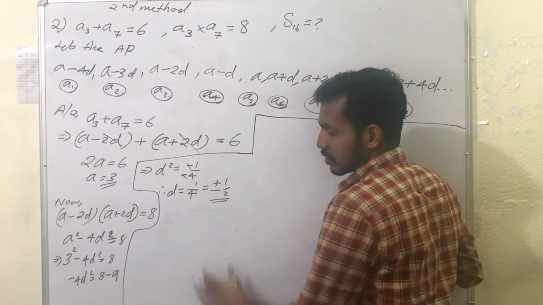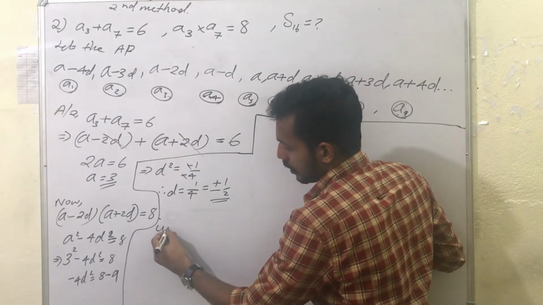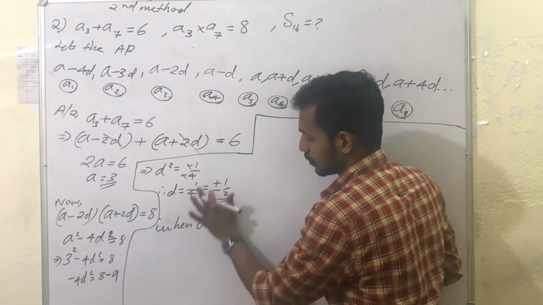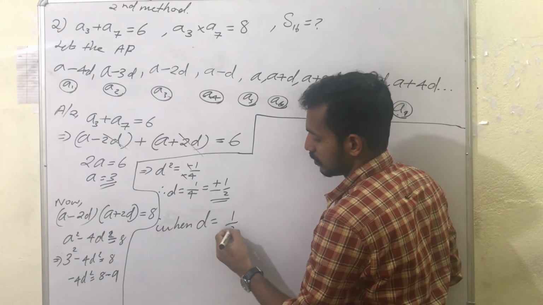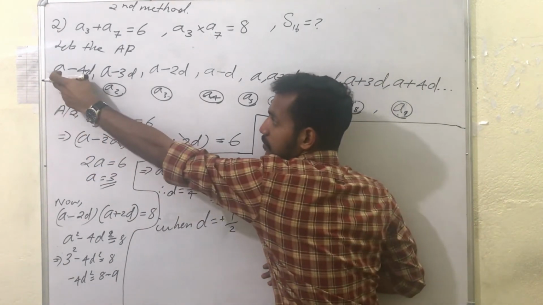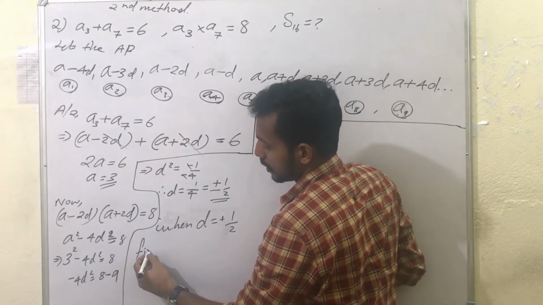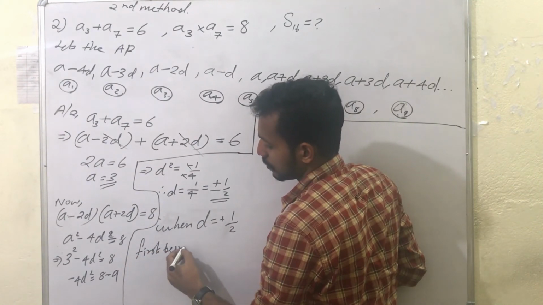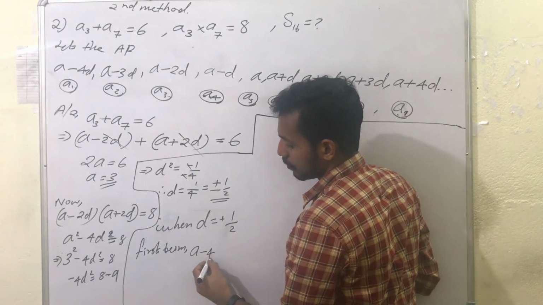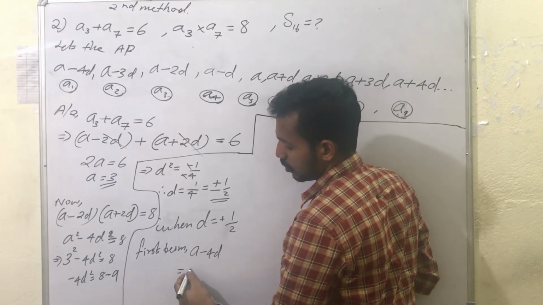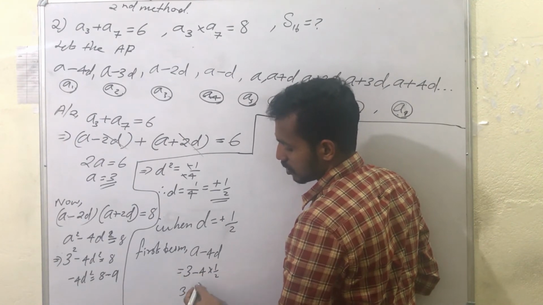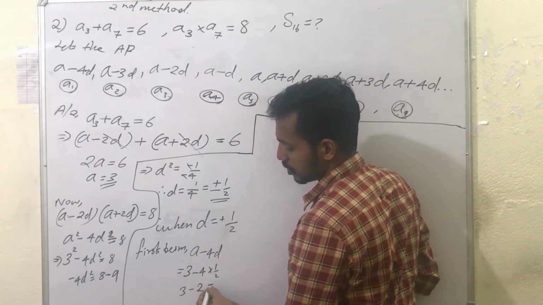Now we can apply these two conditions. Okay, when D is equal to plus 1 by 2, what will be the first term? First term is A minus 4D, which is equal to 3 minus 4 into 1 by 2. That is 3 minus 4 by 2 into 1 by 2, which will be 2, so it is equal to 1.